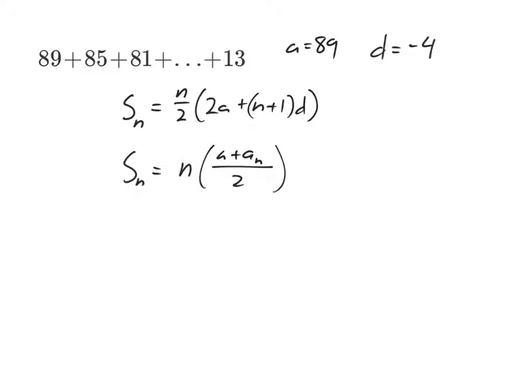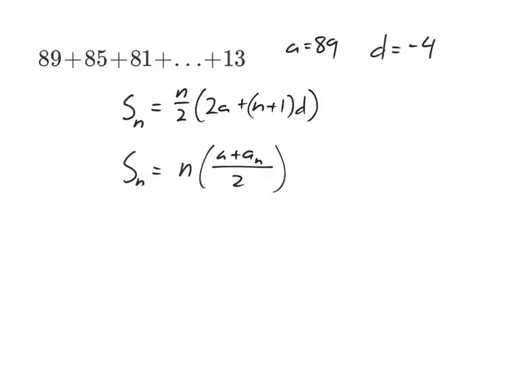In this video, I'm going to find the sum using both of these equations so you can know how to use both of them. So what I need to do for both of these is find what n is. So I need to find what term this lies on.